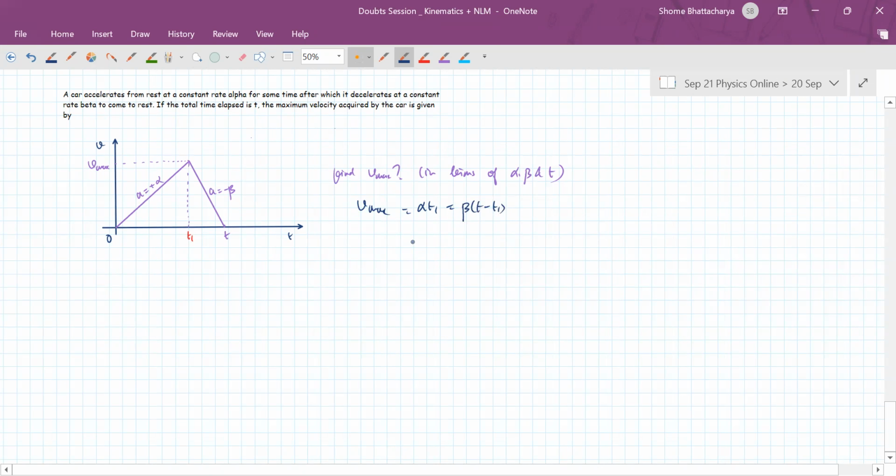So from this second equation, you can see that t1 can be written as beta upon alpha plus beta into t. So our Vmax is alpha beta upon alpha plus beta into t.